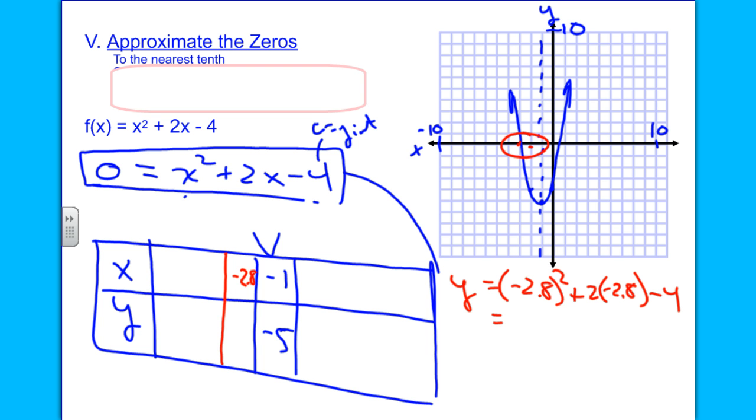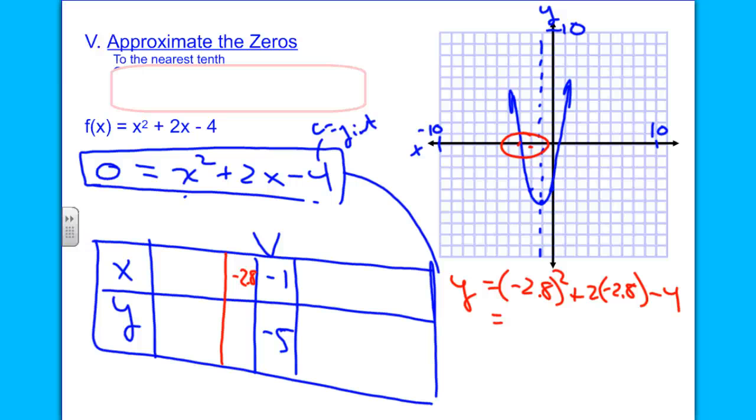And see how close the y value is to what? What do we want the y value to be? What do all x-intercepts have as y values? 0. You want your y value to be as close as possible to 0. Okay? So when you plug this in, who has done it already?